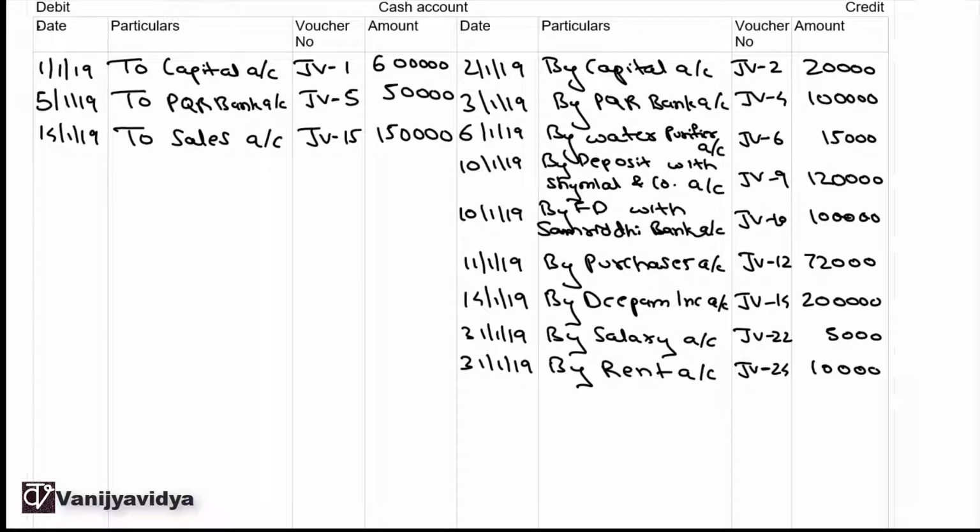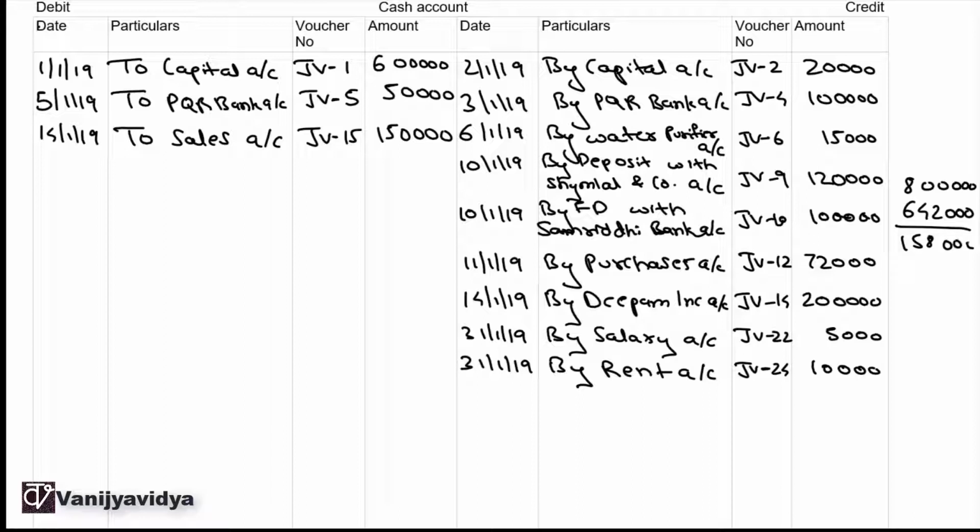So first step is you have to take a total of your debit side and credit side. Here debit side total is 8 lakhs. 6,42,000 is the total of credit side. Then we find out what is the difference. So the difference is 8 lakhs minus 6 lakh 42,000, that is 1 lakh 58,000.